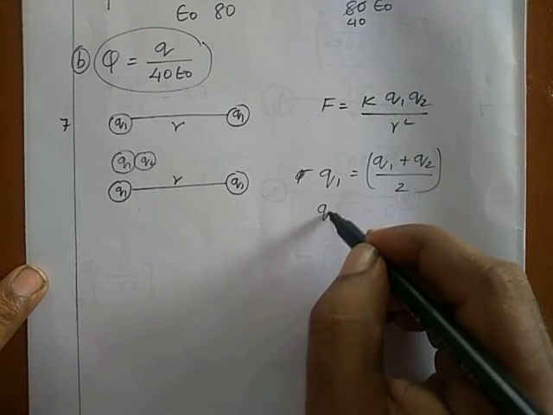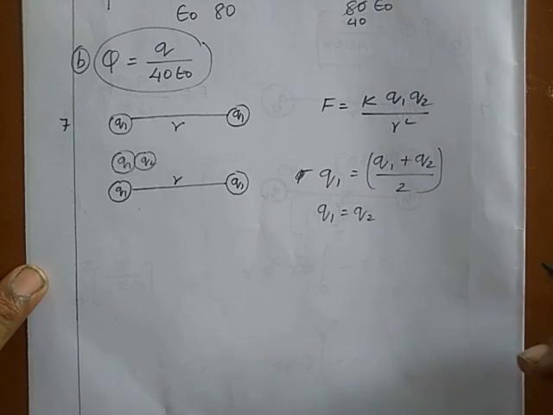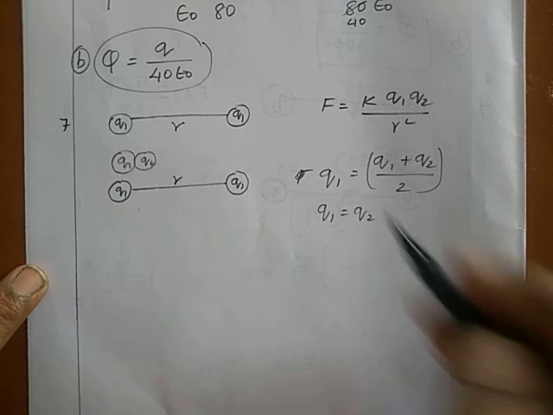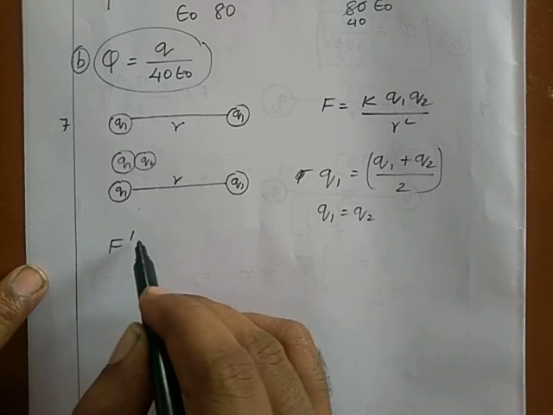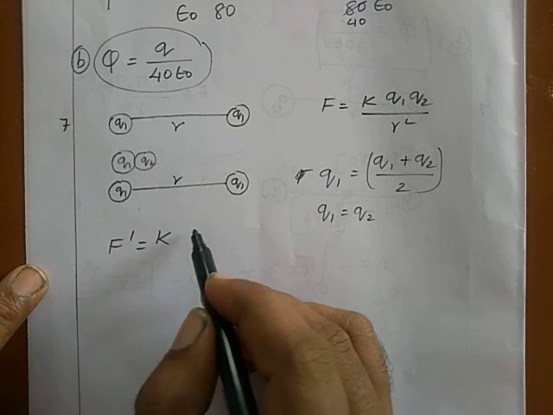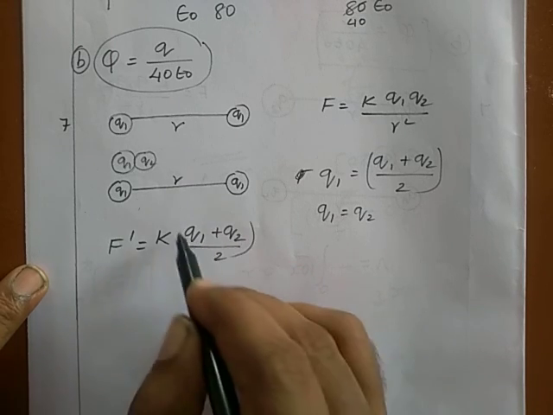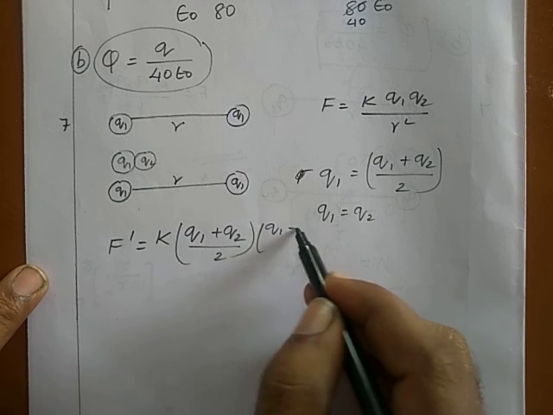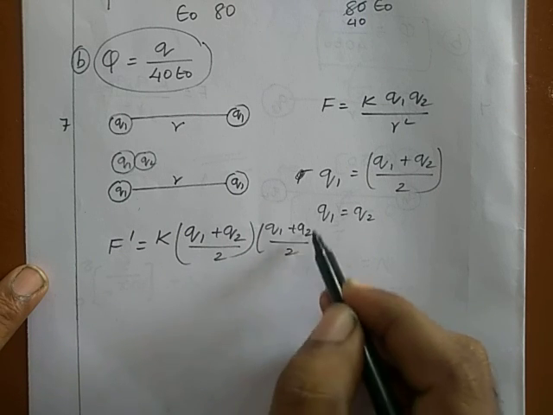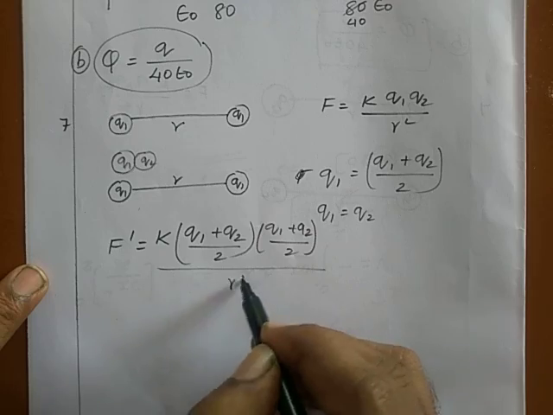We know very well they are identical charges. For this case the force F dash is equal to K, Q1 becomes Q1 plus Q2 by 2, then Q2 becomes Q1 plus Q2 by 2, then divided by R square.